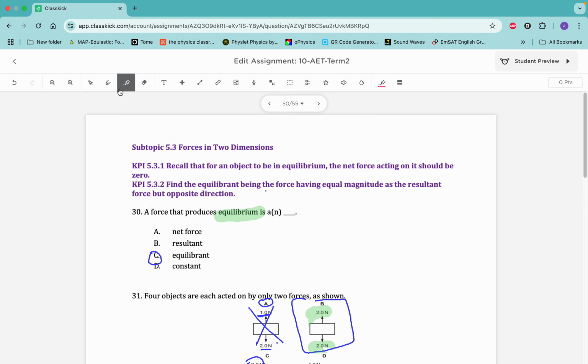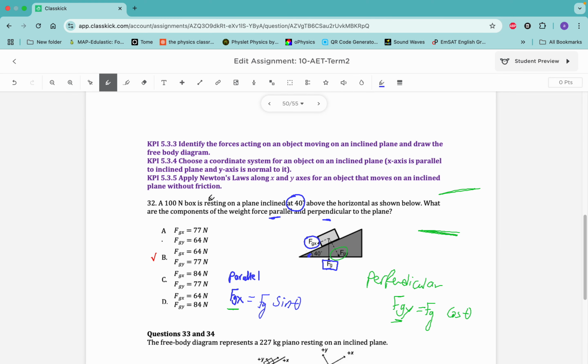So going to the question here, applying the concept.